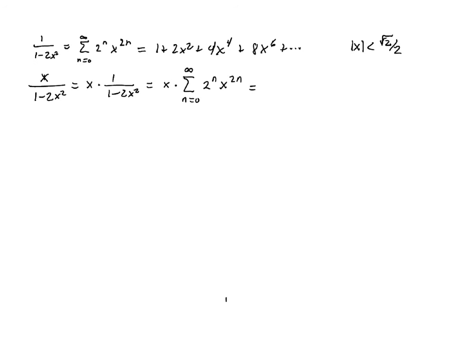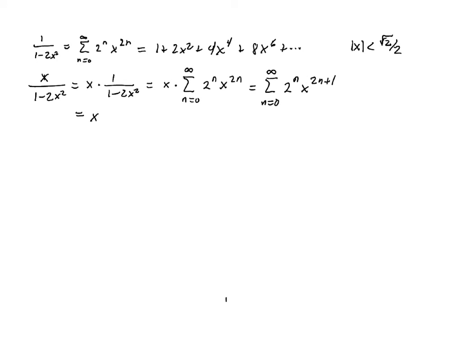And now thinking of this as an infinite polynomial, I can multiply the x through, and I end up with the summation n equals 0 to infinity, 2 to the n, x to the 2n plus 1, because x times x to the 2n just increases the exponent by 1. And again, we can write out a few terms of this.